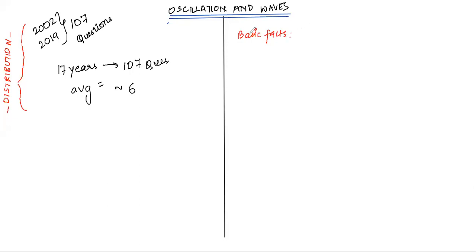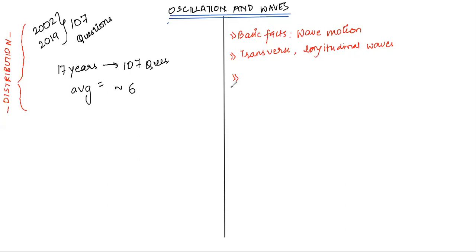It talks about what wave motion is, how a wave travels, and what different kinds of waves are, like transverse and longitudinal waves.